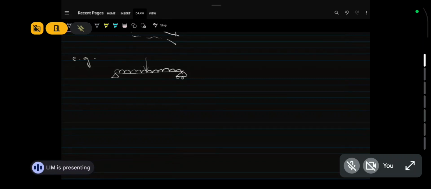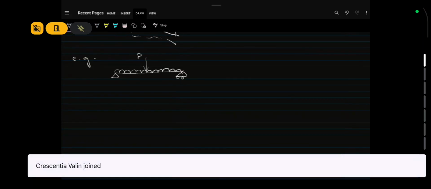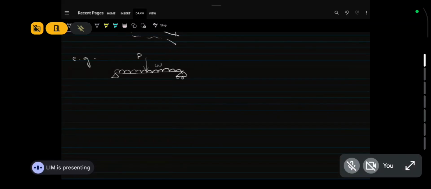The point load, let's say P. The UDL, let's say W. Let's say the span is 4.